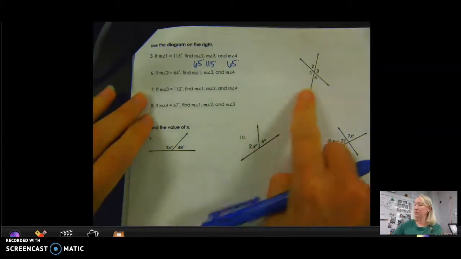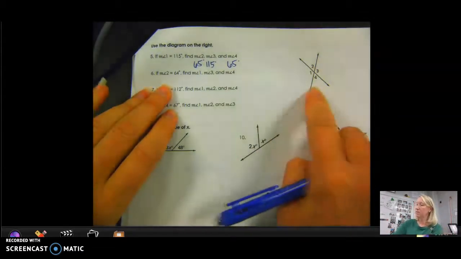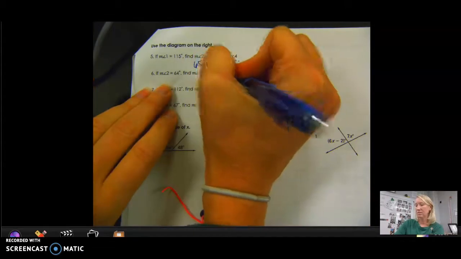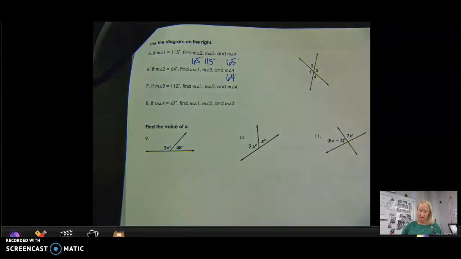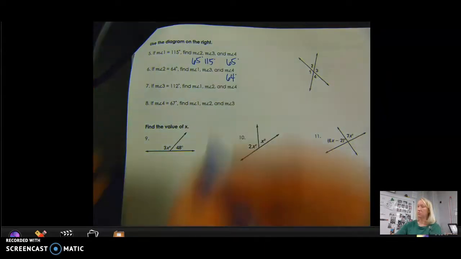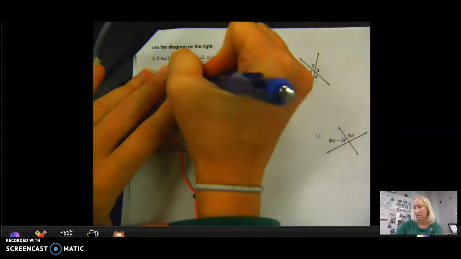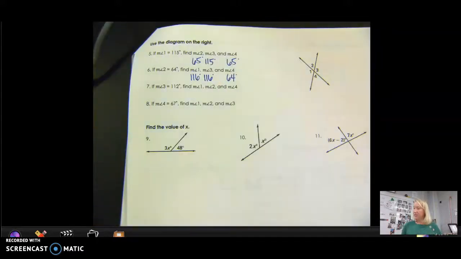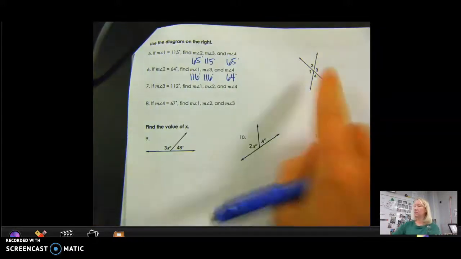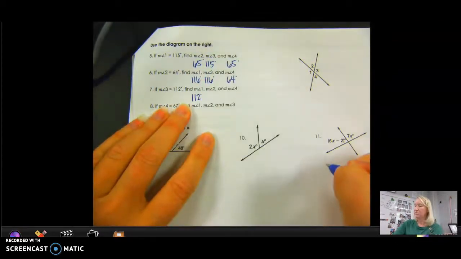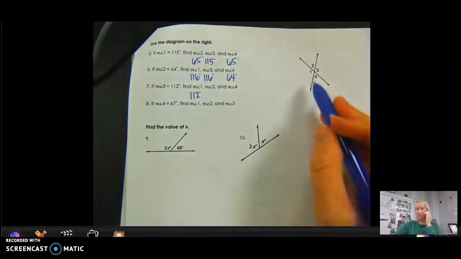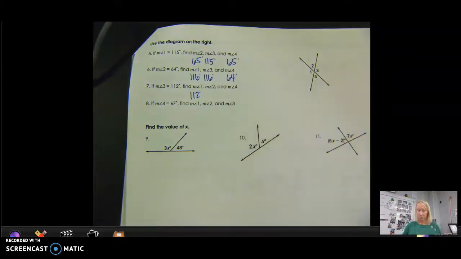Measure of angle 2 is 64, so that means the vertical one is also 64, so that's angle 4. 1 and 3 are going to be equal, but it's going to be 180 minus 64, which is 116. 3 is 112, so vertical to that is 1, so that would be 112 also. And then measure of angle 2 and 4 would be supplementary to 112 and equal to each other.